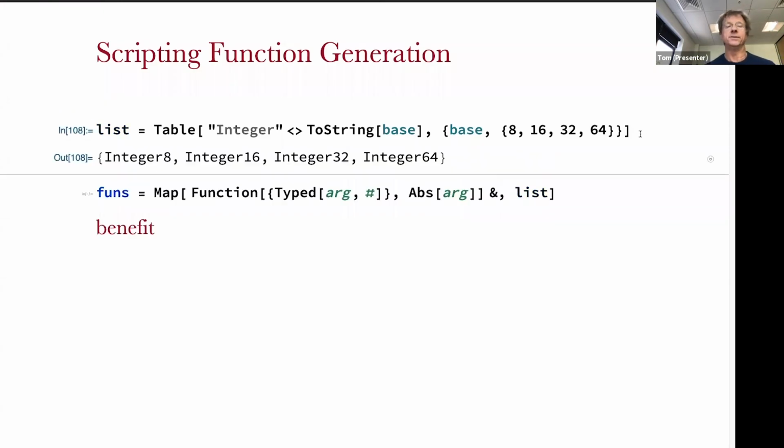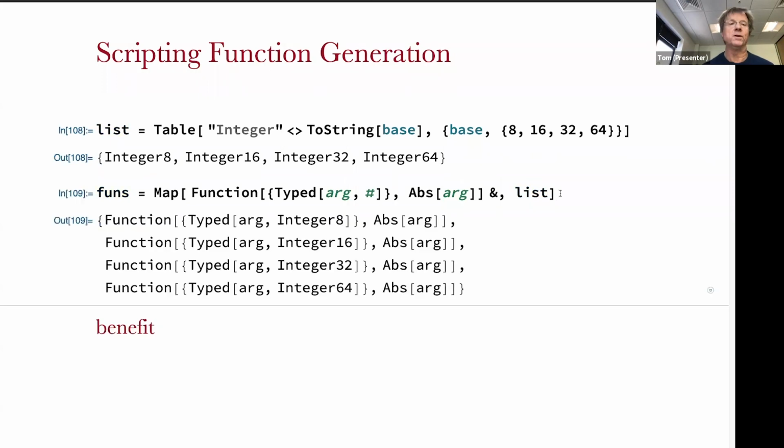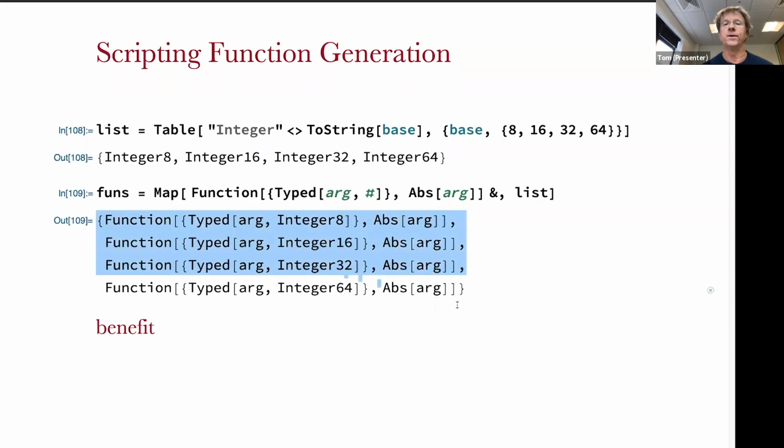Here's another way, seemingly trivial, but I can write uncompiled scripted programs to build up a set of functions. So here I'm just iterating over, and I've made a bunch of functions.